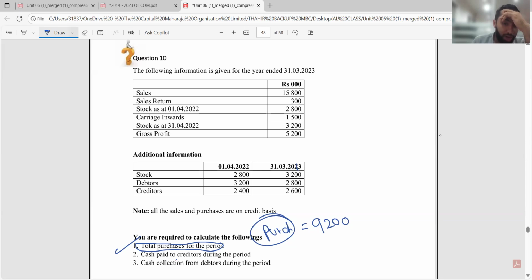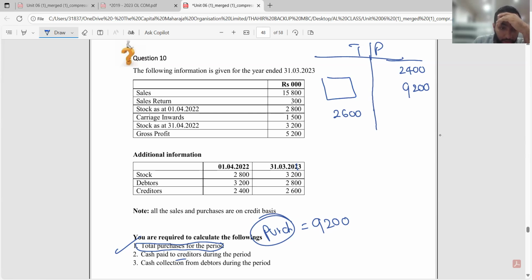Okay. So let's move on. Cash paid to creditors during the period. How to find this? You need to prepare the trade payable control account. How to prepare it? Opening creditors is how much? 2,400. And closing creditors is how much? 2,600. How much were the purchases? Purchases on the credit side of trade payable, 9,200. Whatever is remaining here is the cash paid to creditors.